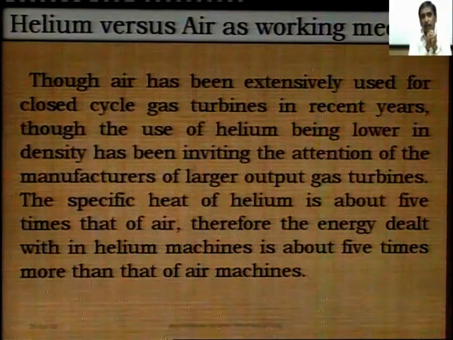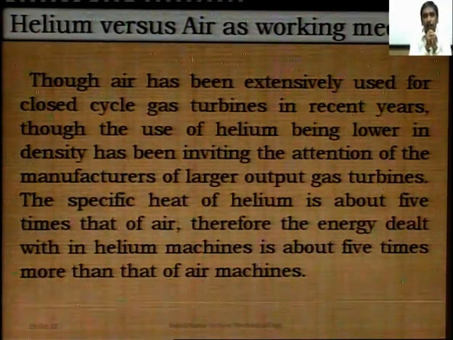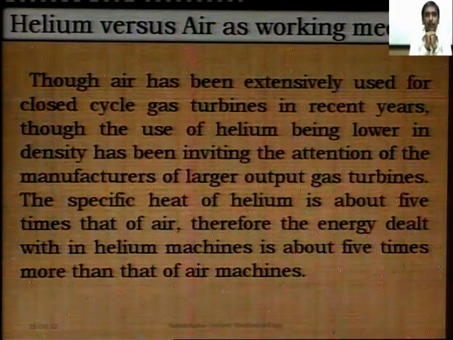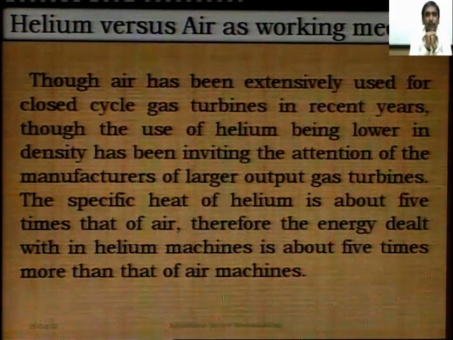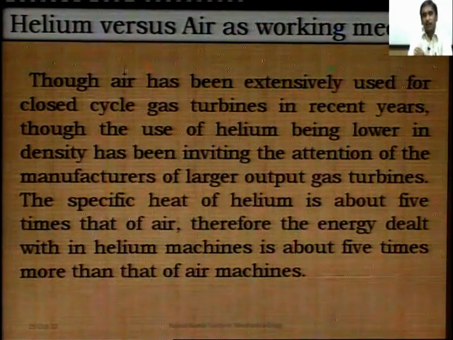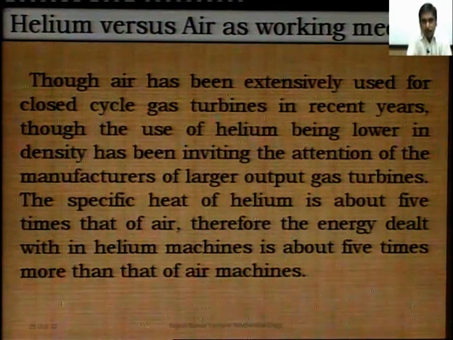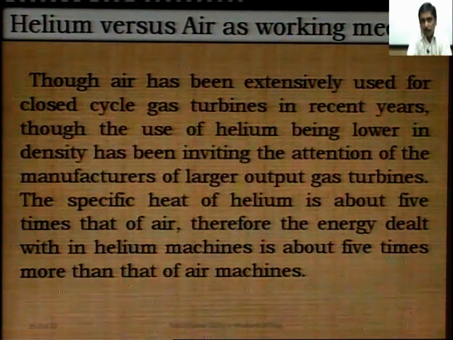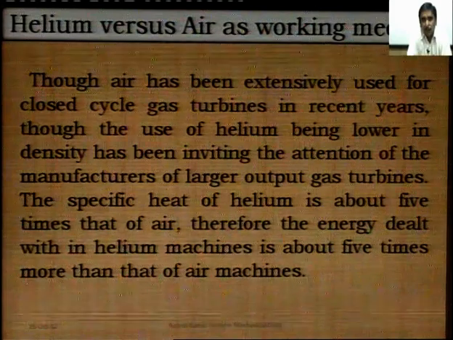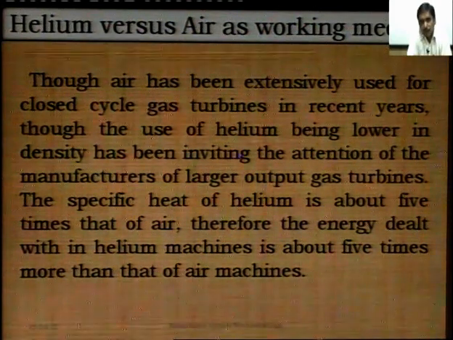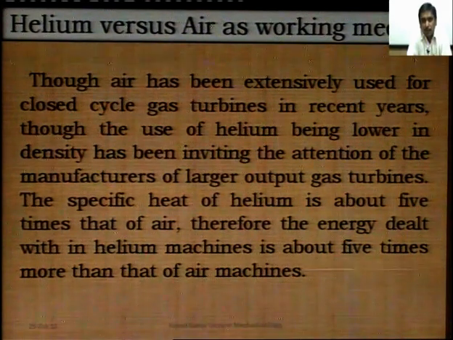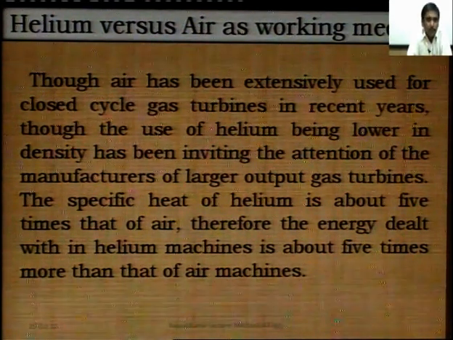Next is helium versus air as working medium. Though air has been extensively used for closed cycle gas turbines, in recent years the use of helium, being lower in density, has been inviting the attention of the manufacturers of larger output gas turbines. The specific heat of helium is about 5 times that of air.